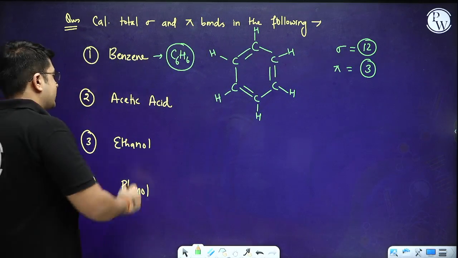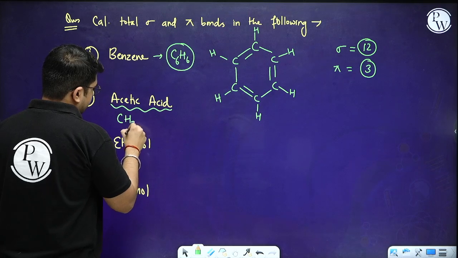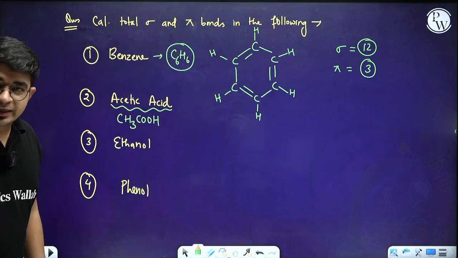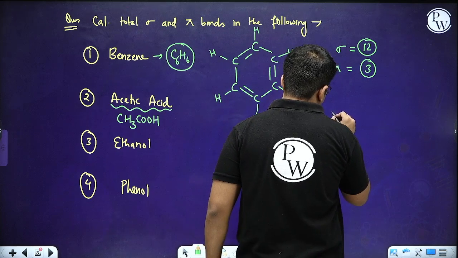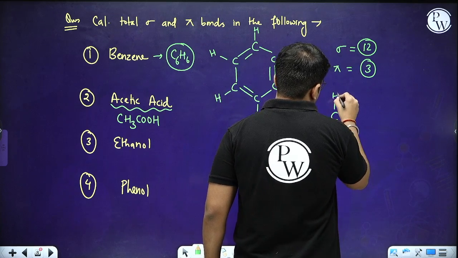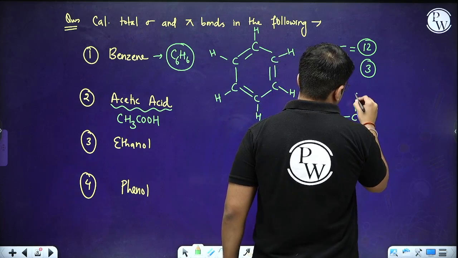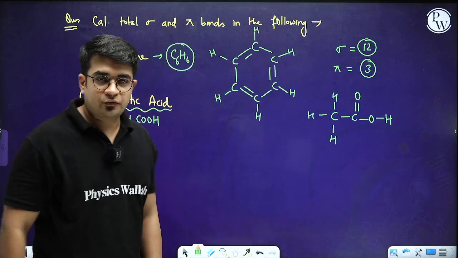Next part is for acetic acid. Acetic acid, also known as ethanoic acid, CH3COOH. If I talk about the structure of CH3COOH, it looks like C with H H H, C double bond O, OH. This is the structure of acetic acid.